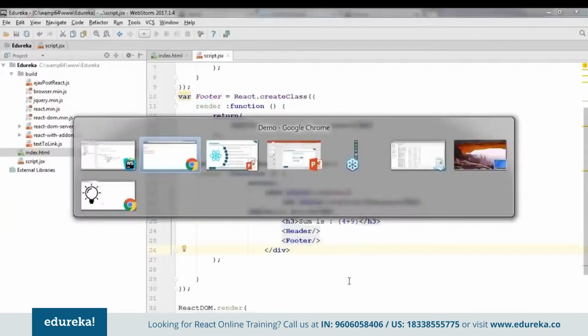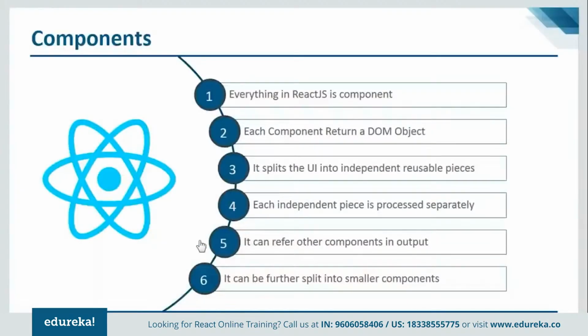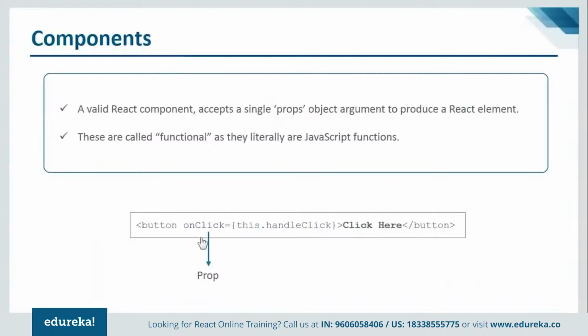Now let's go further in our PPT. Here a valid React component can always accept a single object argument and then produce a React element. Now these are called the functional elements, as they are literally JavaScript functions, as you can see. Here we are calling one handleClick function. Now whenever this function is called, it will always return us one HTML representation.